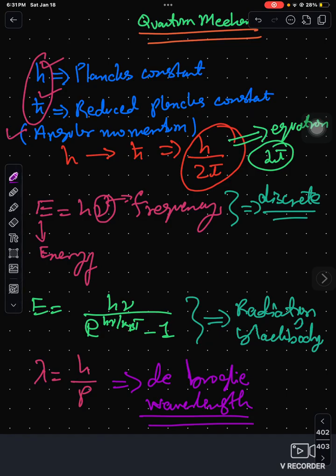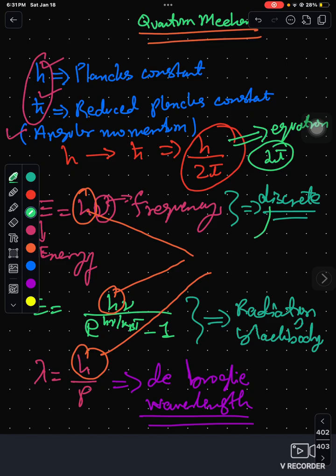By the way, what h really is, is that h is showing the discrete property of energy. Is discreteness a word? Yeah, discrete, that energy levels have to be discrete.